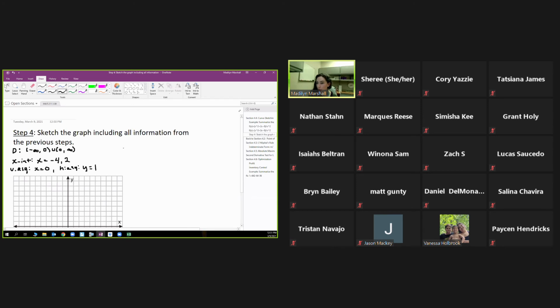In step 2, we found the critical number was x equals 8.